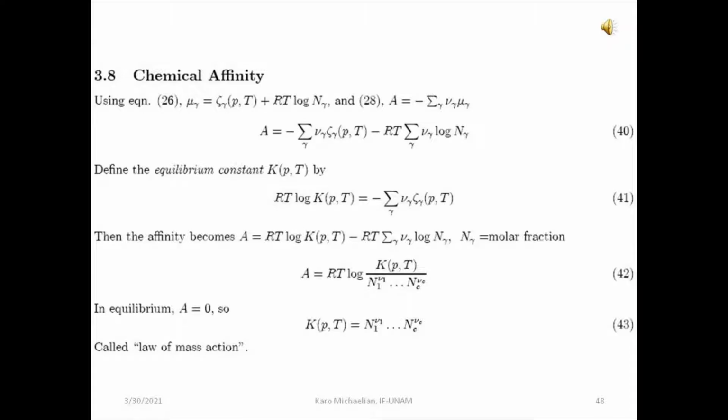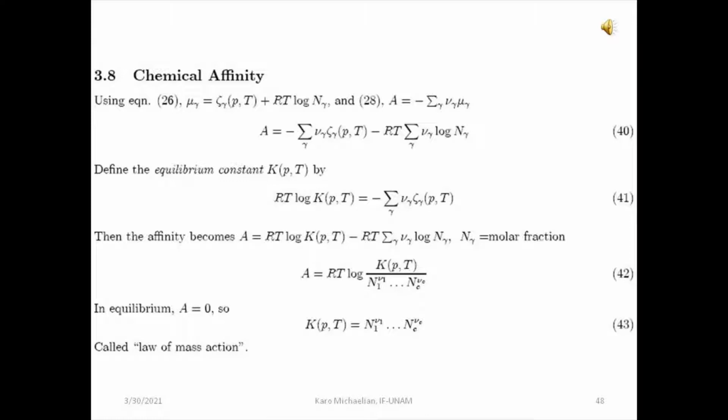Using equation 26 of the previous slides for the chemical potential as some function zeta of the pressure and the temperature plus another function of the molar fraction N gamma, and also using equation 28 for the affinity, which is equal to minus the sum over all the components in the system of the stoichiometric coefficient for the component times the chemical potential of the component, we can arrive at this equation 40 for the affinity.